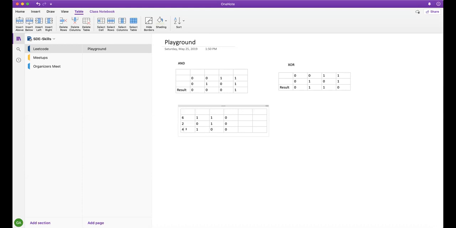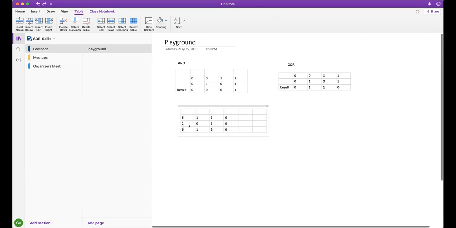But 6 plus 2 should be 8. So we cannot rely on the XOR operator. But if the bits are different, then for sure we can perform the XOR operator. That's the first fundamental here.